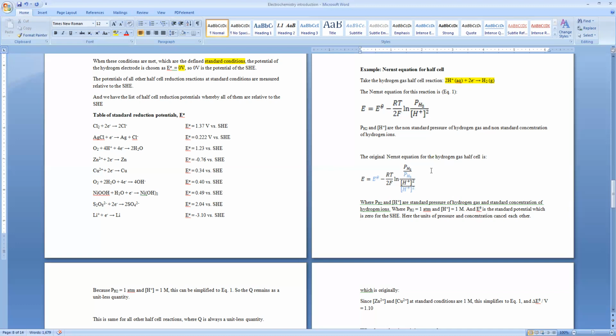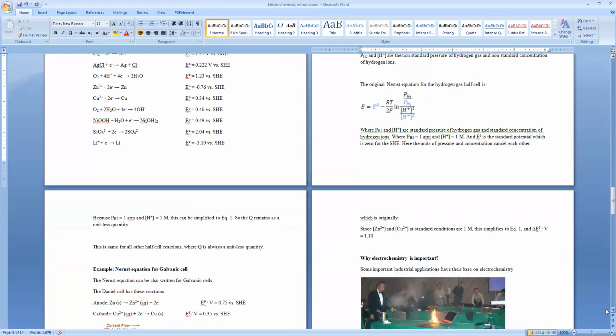So this is the original Nernst equation. It can be simplified to this equation here, because the blue pressure of hydrogen is equal to 1 atm and the blue hydrogen ion concentration is 1 molar, so the units cancel off.